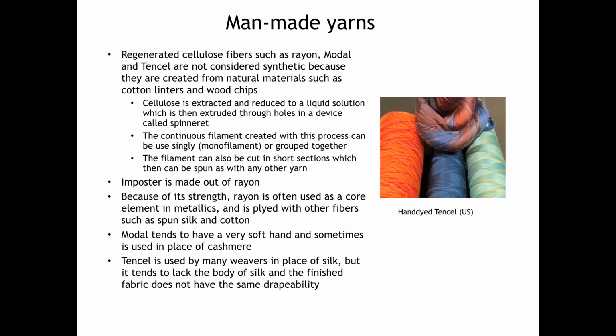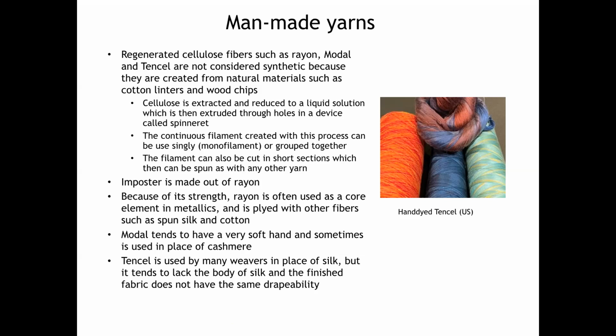So let's talk very briefly about man-made yarns. The regenerated cellulose fibers such as rayon or modal or Tencel are not considered purely synthetic because they're created from natural materials. The cellulose that's left over from other processes is extracted and reduced to a liquid solution, which is then extruded through devices that have holes, called spinnerets.